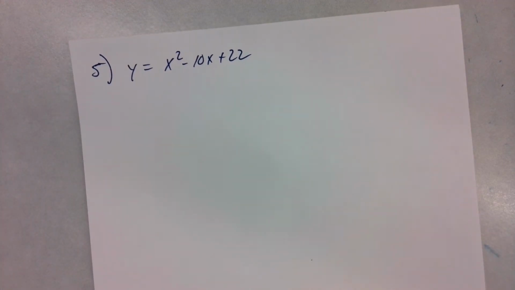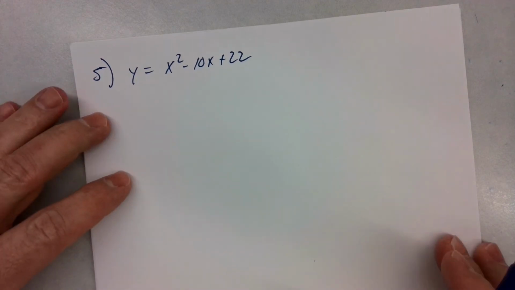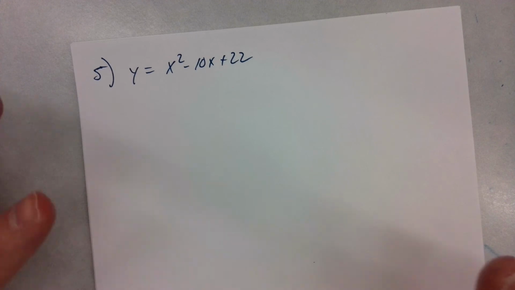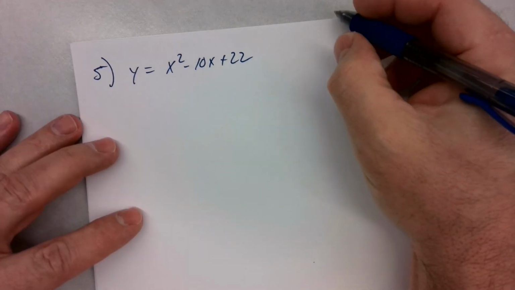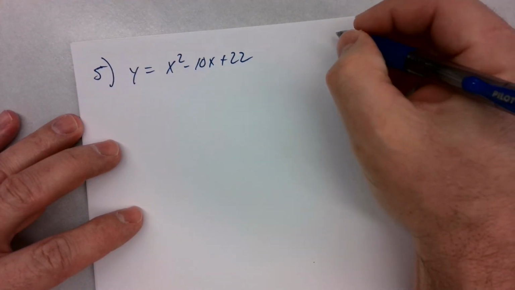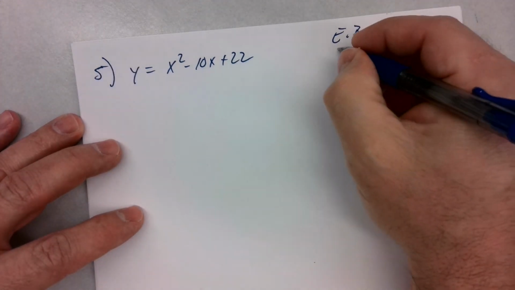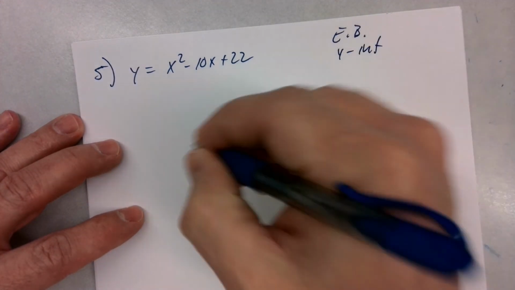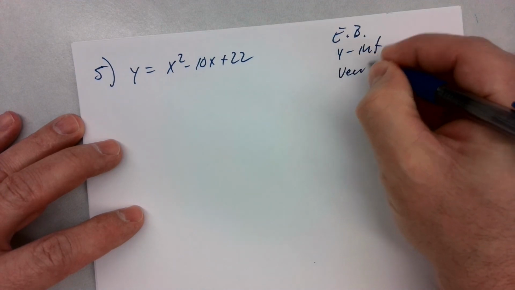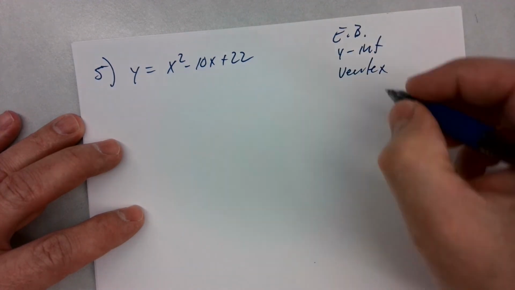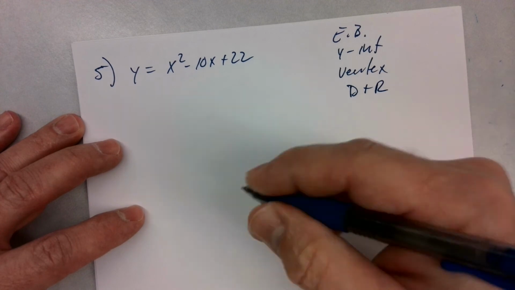Alrighty, so here we go. Now it asked me to find all this stuff. And I don't know why they listed it this way, but it's going to want end behavior, which we've done. It wants y-intercept, which we've done. It wants vertex, which we've done. It wants domain and range, which we've done.